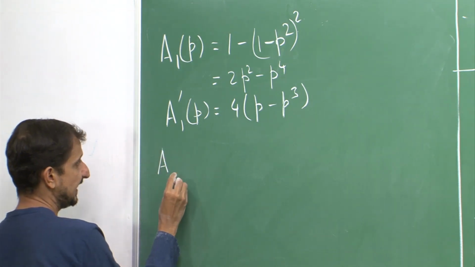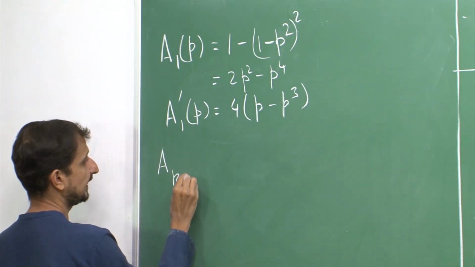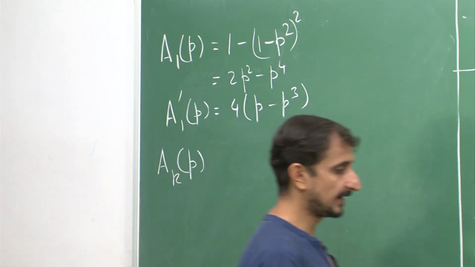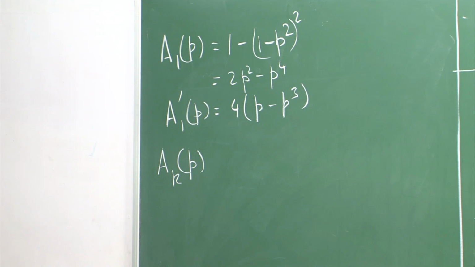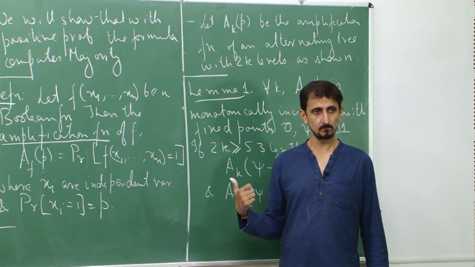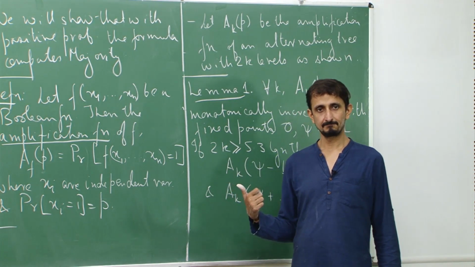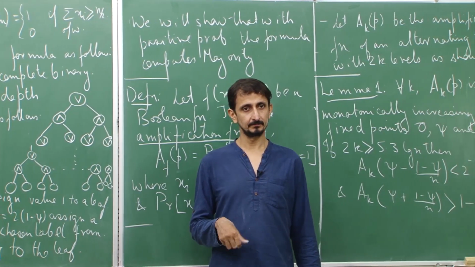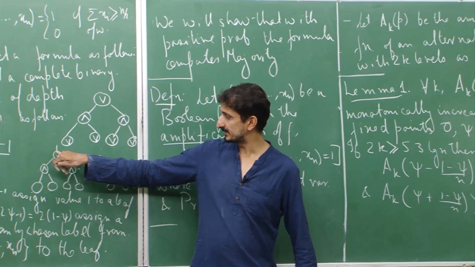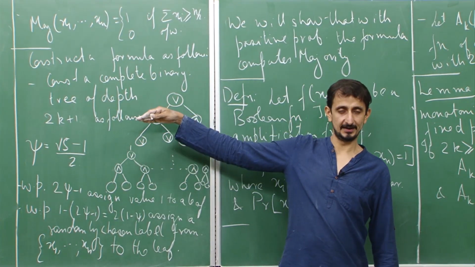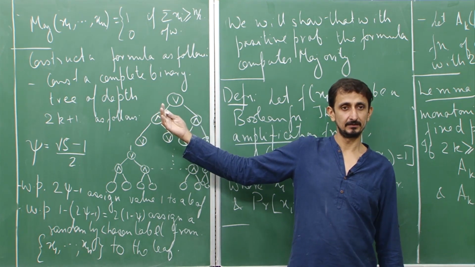Now, what is A k of p? How can we define A k of p? How do you define A2 of p? A1 of p is basically the probability over here, A2 will be after 2 more layers, but how does that computation happen?